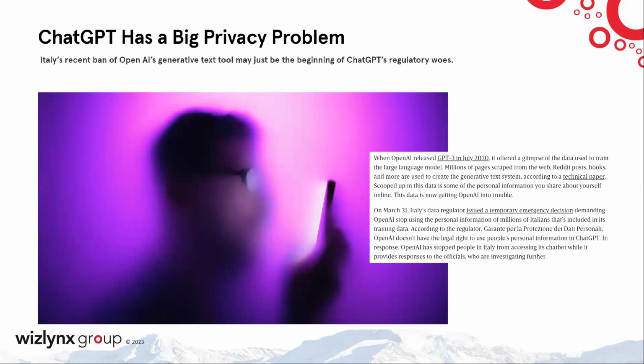There is also a policy issue in the news related to GPT. Something happened in 2020 July, which made the Italian data regulator issue a temporary emergency decision to stop OpenAI from operating, because it was using the personal information of hundreds of Italians.